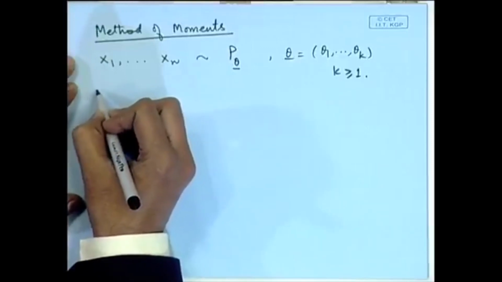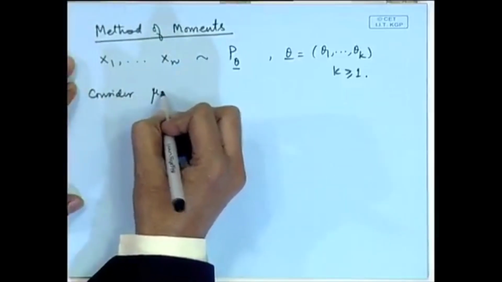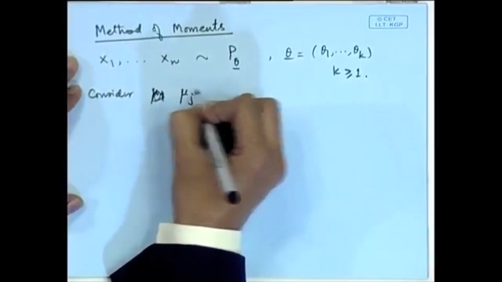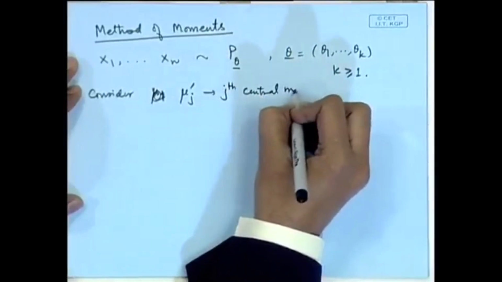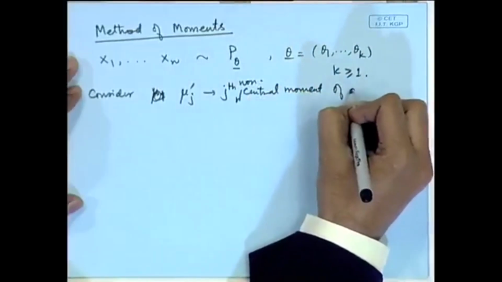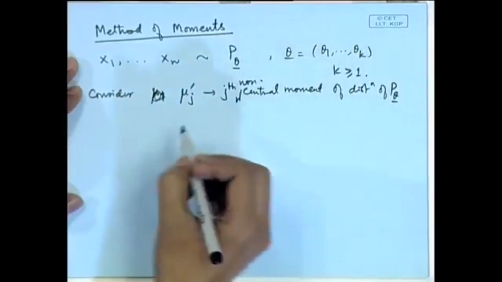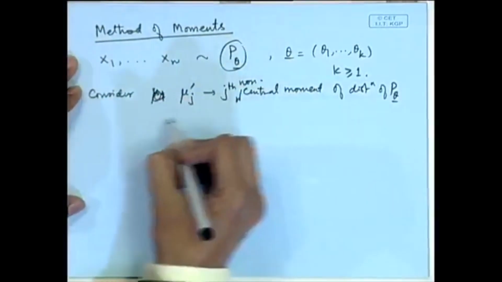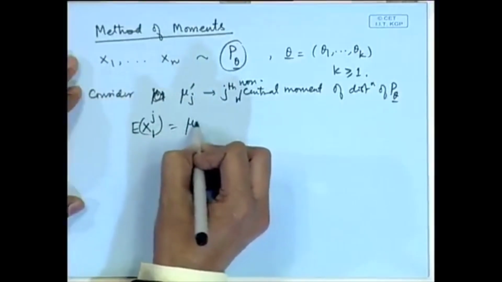What we do is we consider mu_j prime, that is the jth non-central moment of the distribution P_theta. That means, if x_1, x_2, ..., x_n is a random sample from here, then expectation of x_1 to the power j is actually mu_j prime.